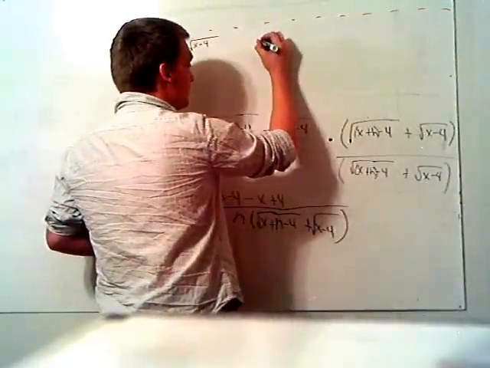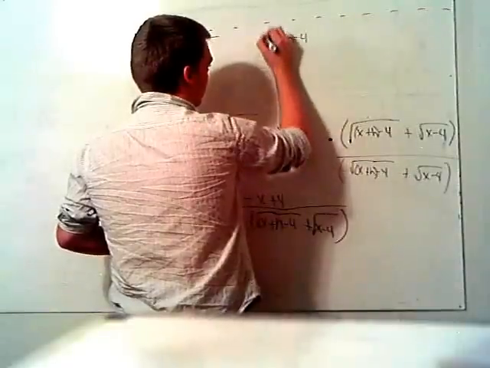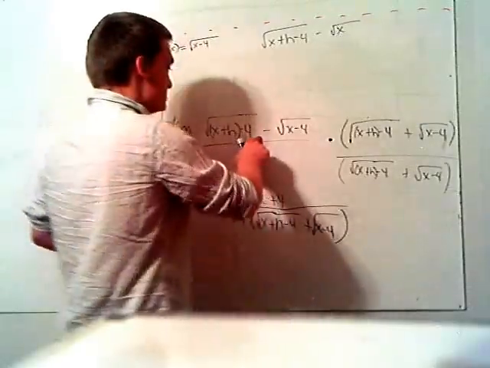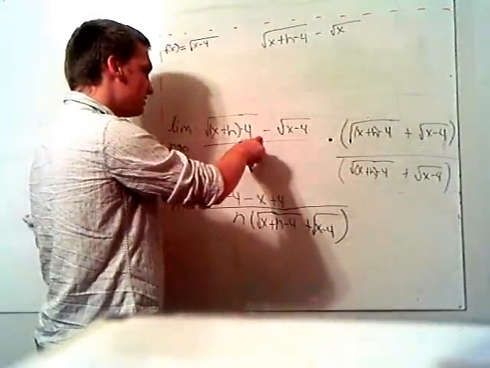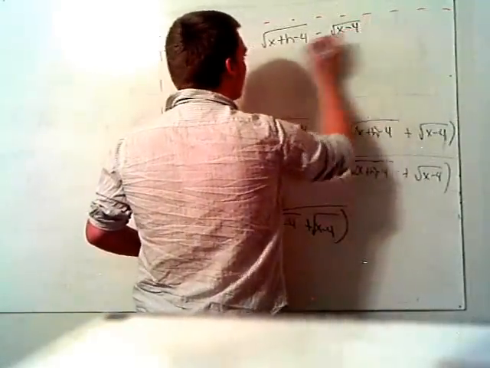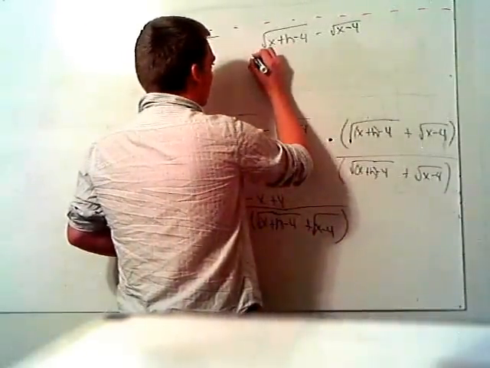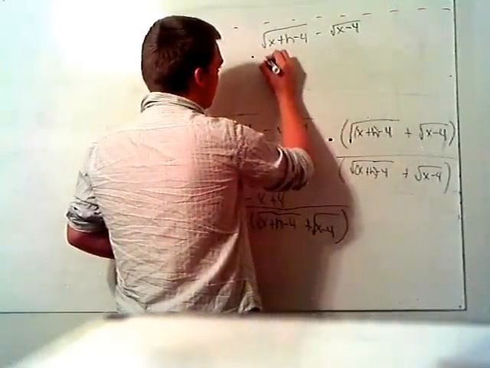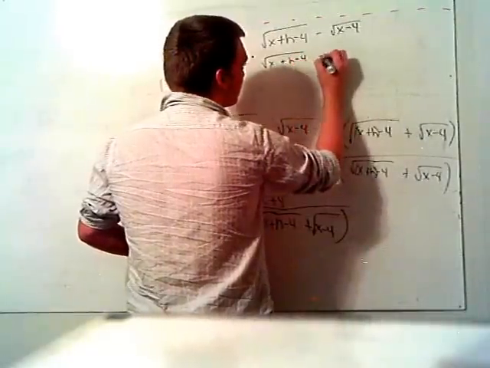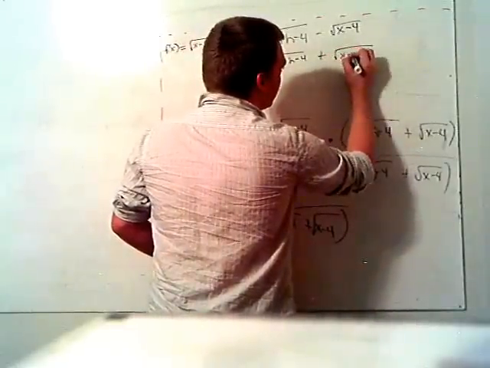So we have the square root of x plus h minus 4 minus the square root of x minus 4, and I'm stacking and multiplying this by the square root of x plus h minus 4, plus, not minus, plus the square root of x minus 4.